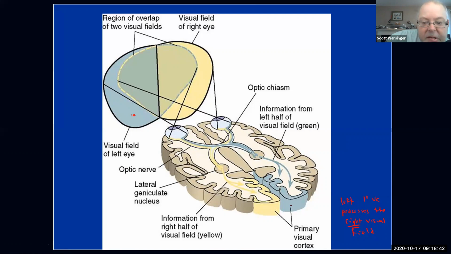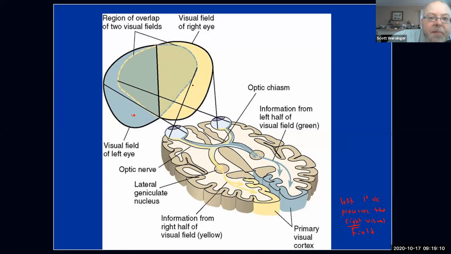Okay, so if we damage the right primary visual cortex, the entire left visual field will be gone. Likewise, if we destroy the left primary visual cortex, the entire right visual field will be gone. So literally, there will be a line down your vision.